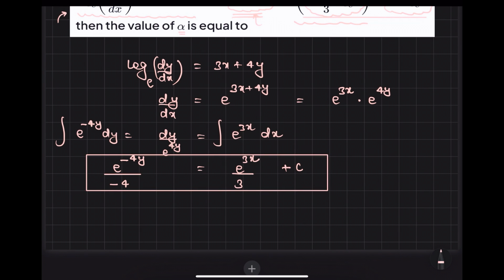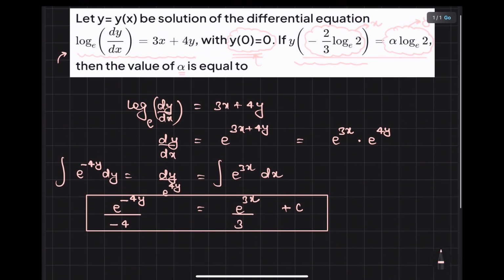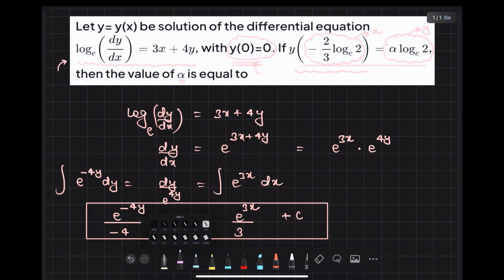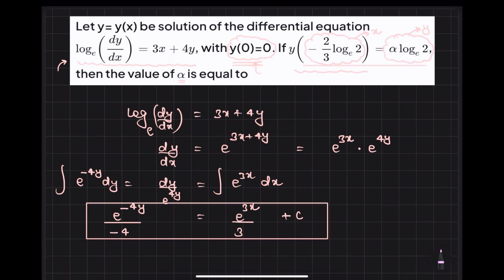Okay, so you have solved your differential equation. Now your curve is passing through the point 0 comma 0. So it will satisfy this situation, and only then you can find the value of the integration constant c.